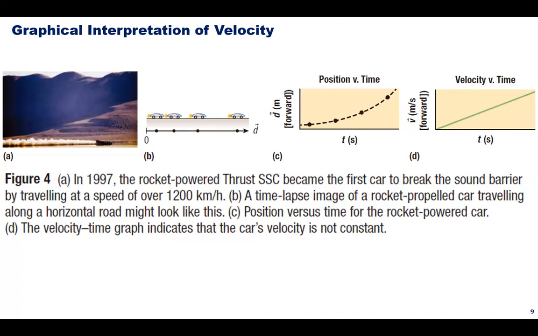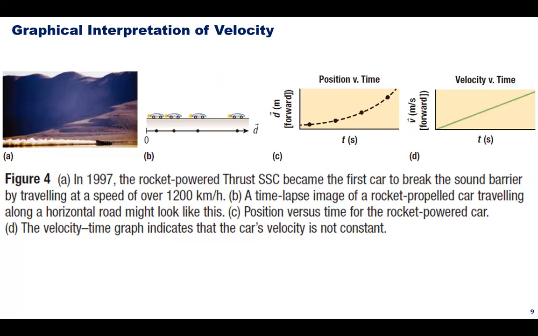This means that the car moves further during each successive and equal time interval. So the velocity of the car increases with time. In this example, the car moves toward increasing values of position. So the velocity is again positive and increases smoothly with time, as shown here in figure D. This is the graphical interpretation of the velocity.